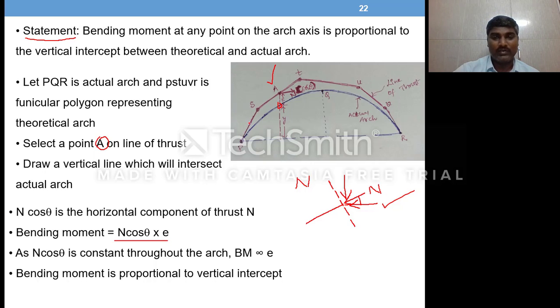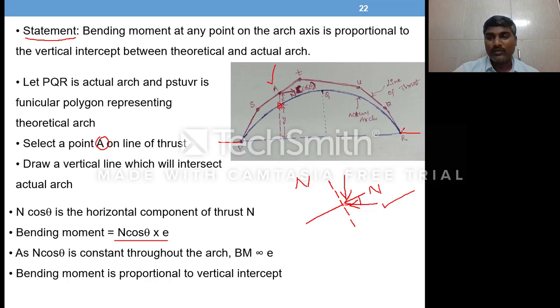If there are gravity loads acting on the arch, only the vertical load will change along the arch, whereas there won't be any horizontal loads on this arch. So the only horizontal force acting is the horizontal reaction at the springing points.